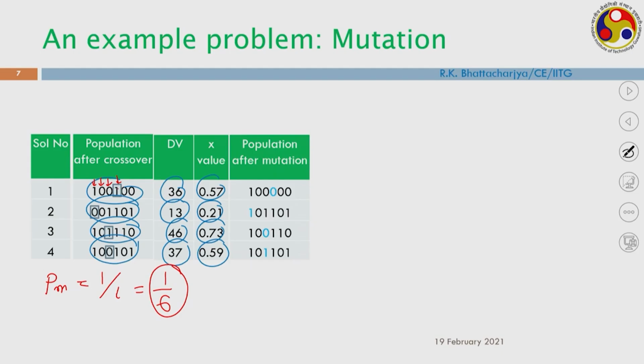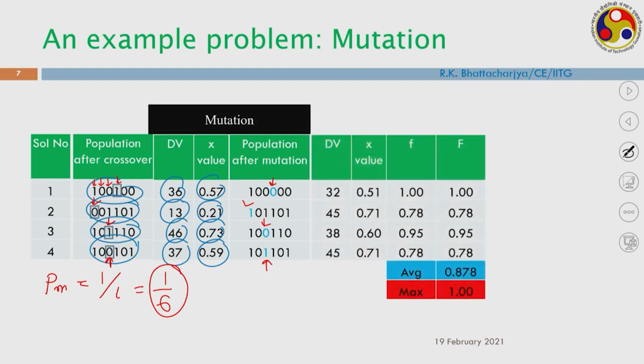Here it is 1, so it becomes 0, and for the second case this one will be mutated. This is 0, so it will be 1, and for the third one this will be mutated. So, this is 1, so it is 0, and for the fourth one this is 0 and it becomes 1. So, you are getting a new solution.